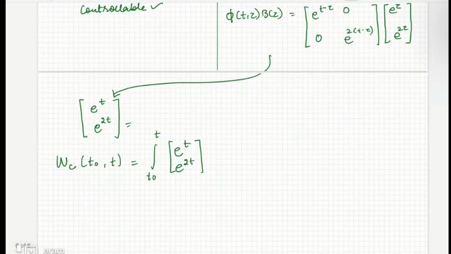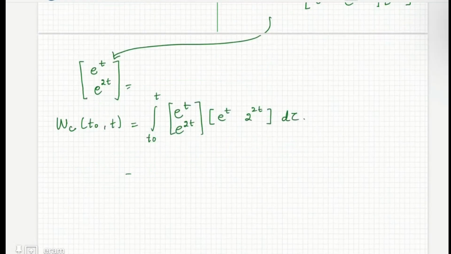So the transpose is e to the power t, e to the power 2t, and we have to integrate with d tau. So first calculate this matrix. It is e to the power 2t, e to the power 3t, e to the power 3t and e to the power 4t.